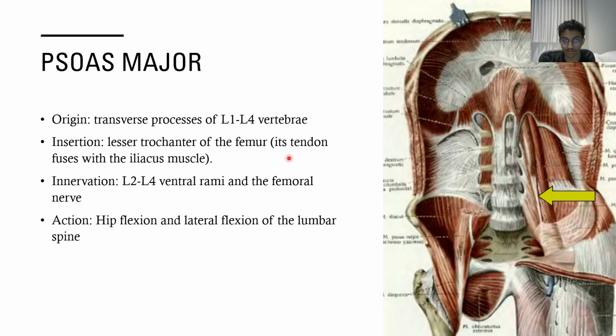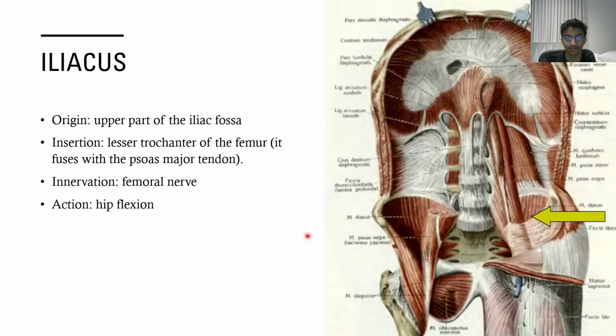A very important note about this muscle is that its tendon fuses with the iliacus muscle, and then they both travel to the lesser trochanter of the femur where the psoas major muscle attaches. It's innervated by branches from L2 to L4 ventral rami and direct branches from the femoral nerve. Its main action is hip flexion and, the same as quadratus lumborum, lateral flexion of the lumbar spine.